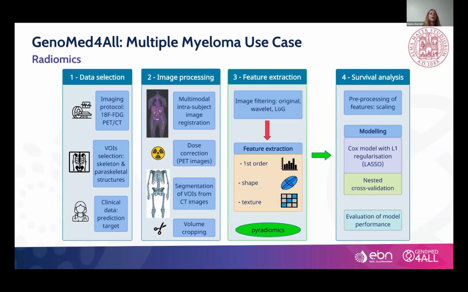As you can see, data have been obtained from more than 200 newly diagnosed multiple myeloma patients, for whom we have both the clinical data, the genomic data, and also the PET-CT scans.